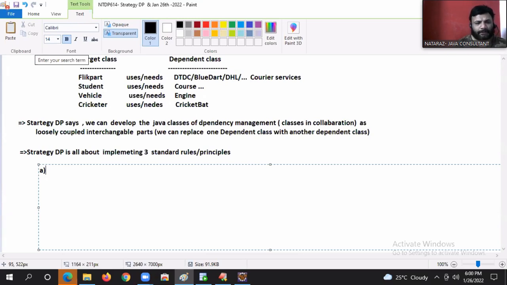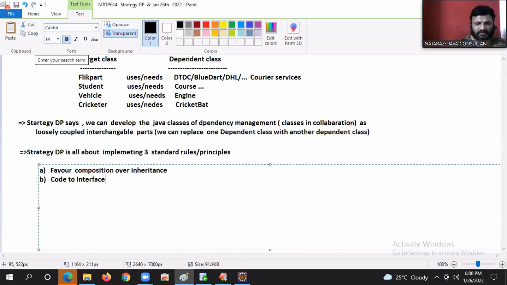Number one rule is: favor composition over inheritance.